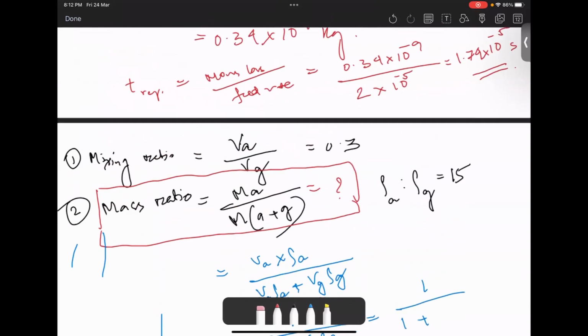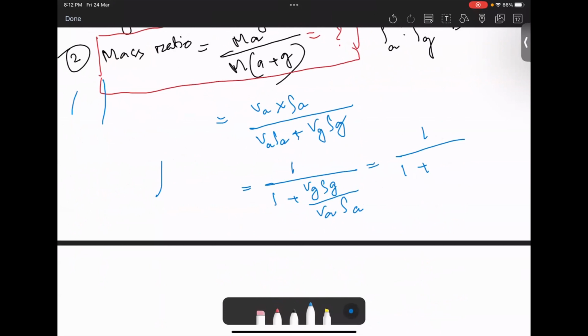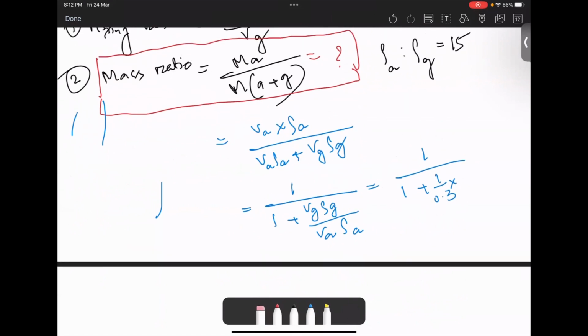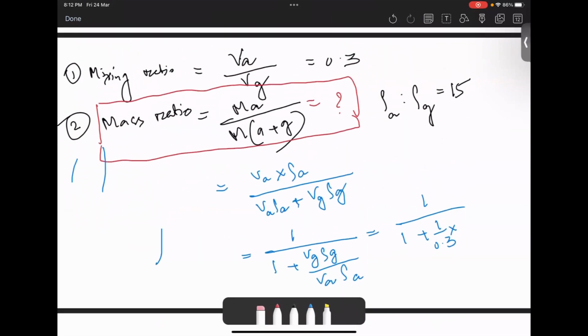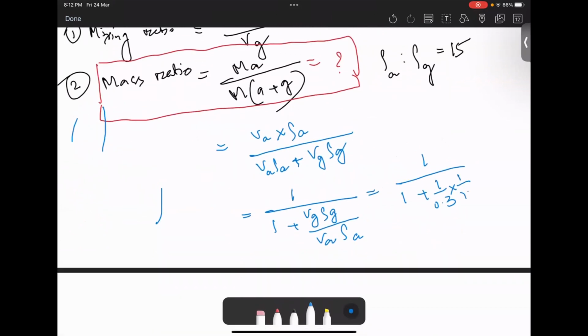Because this is the reverse, you take 1 by 0.3, and the density ratio of abrasive to gas is 15, so the reverse becomes 1 by 15. So this becomes your 0.82.